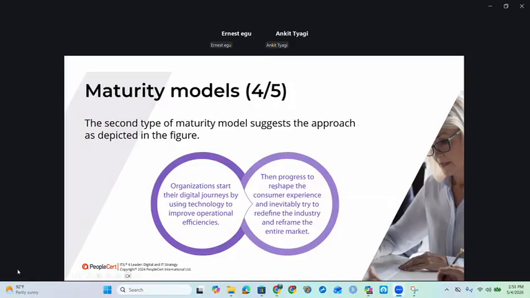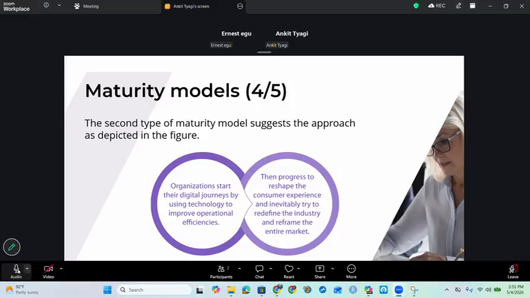And then reshape the consumer experience and inevitably try to redefine the industry and reframe the entire market. So moving from the organizational level disruption to industry or the market level disruption, once they would be successful, once they would have that competitive edge over their competitors, that is when they can go ahead and make the disruption towards industry or the market.